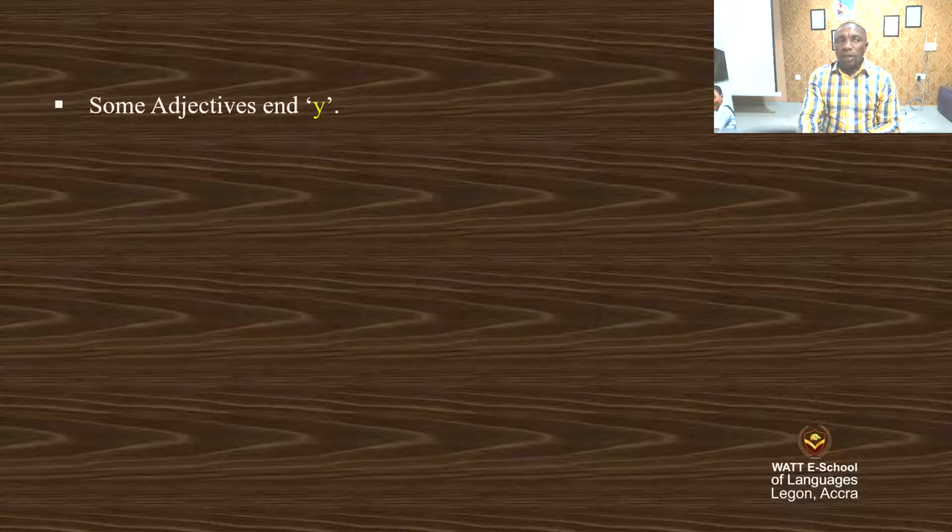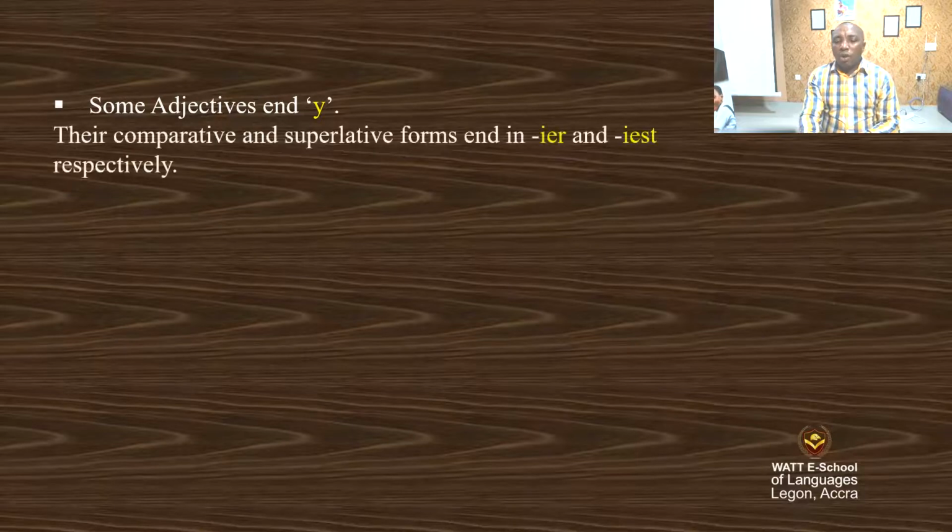The next one, some adjectives end in Y. They form their comparative and superlative in IER, IEST, respectively. They drop the Y by adding it. Now let's have examples here.